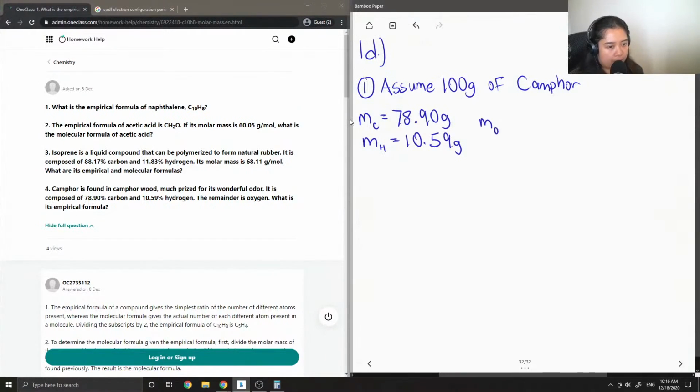This means that the mass of oxygen is equal to 100 grams, subtract 78.9, and then subtract 10.59 grams. And this gives us the mass of oxygen, which is 10.51.